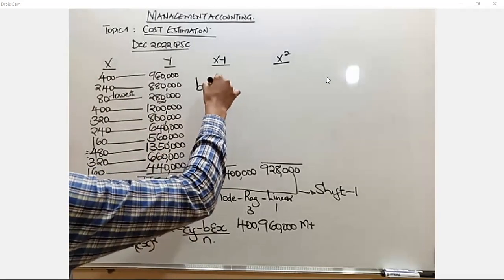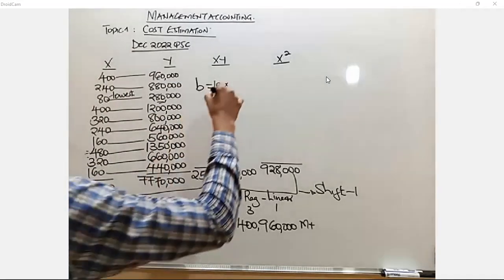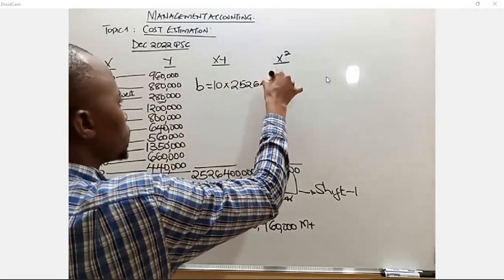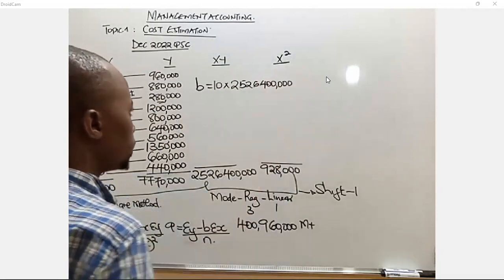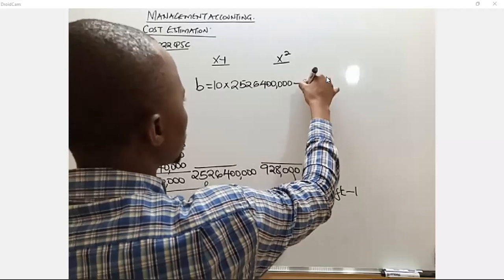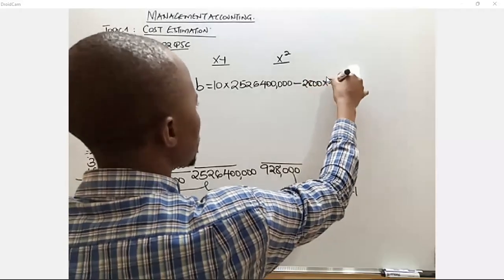So I say 10 times the summation of XY, which is 2,526,400,000, minus the summation of X, 2800, times the summation of Y, which is 70,000.